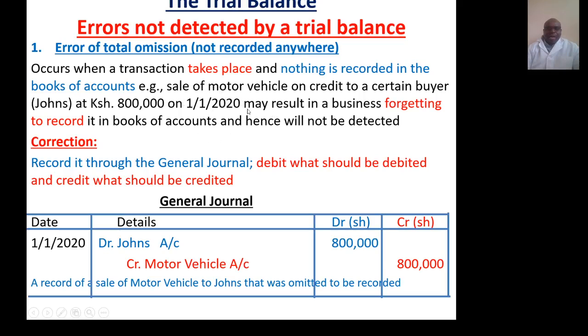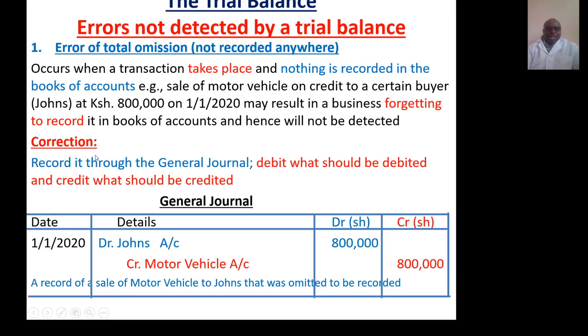So, the double entry rule will not have been complied with. So, both the credit and debit sides will have this figure omitted in the trial balance. How do we correct this?